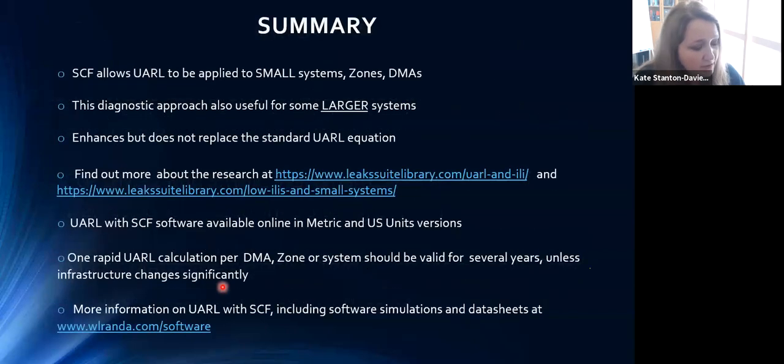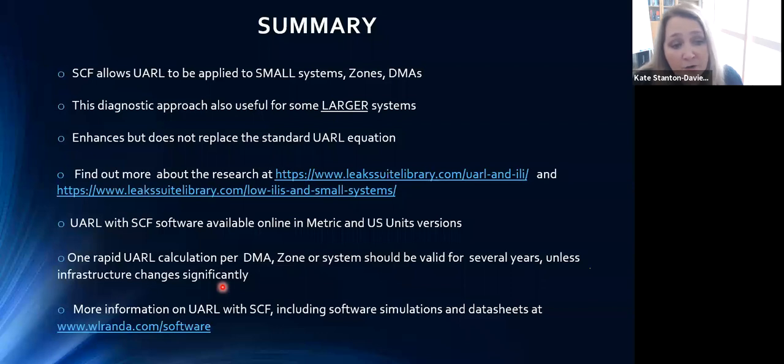So, in summary, SCF allows the UARL to be applied to small systems, zones and DMAs. But the diagnostic approach and the information that you can gain from a calculation is useful for larger systems as well. It enhances but does not replace the standard UARL equation. You can find out more about Allan's research at the Leakage Library, and the links are on the screen there.